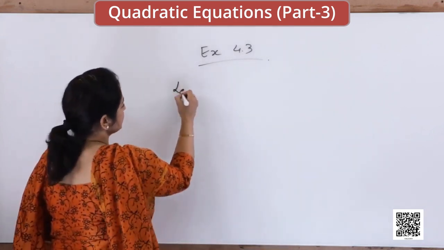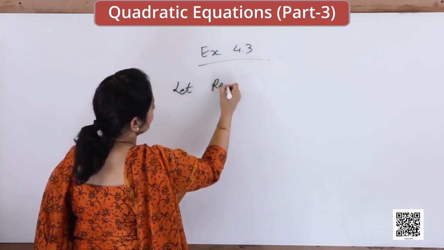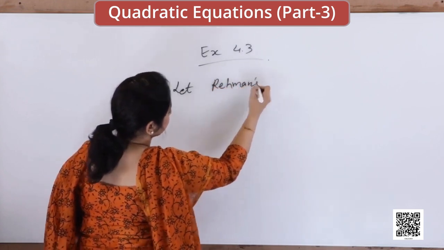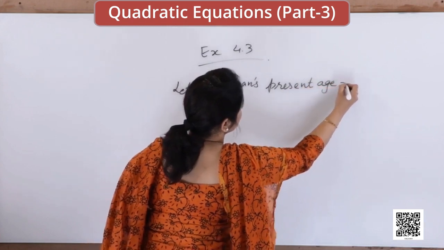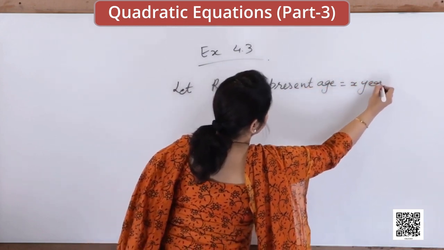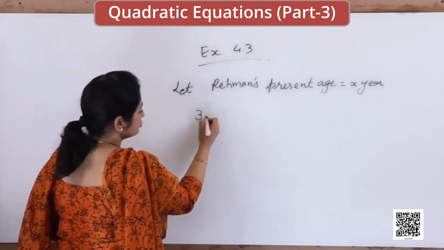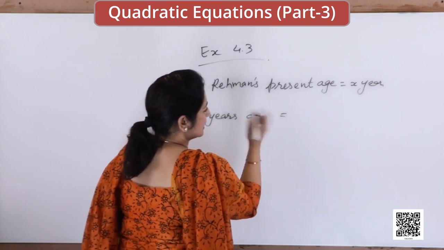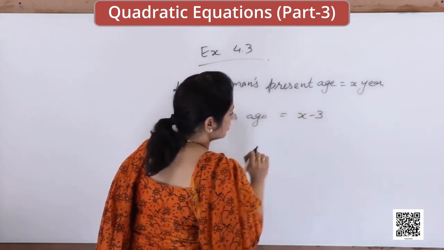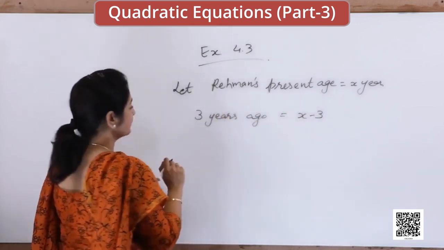So let Rahman's present age equals to x years. So his age 3 years ago, at that time it was x minus 3. Obviously, we will subtract 3 from x.